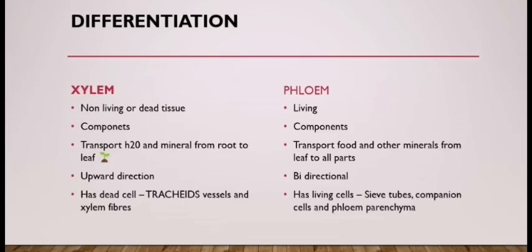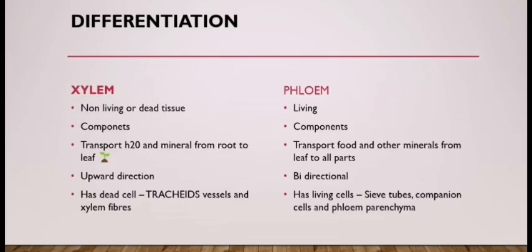Now, xylem transports water and minerals from root to leaf, only in an upward direction, and phloem transports food and other materials from leaf to all the other parts of the plant in a bidirectional way. Bidirectional means from up to down and from down to up. Xylem has dead cells, which are tracheids, vessels and xylem fibers, whereas phloem has a greater number of living cells: sieve tubes, companion cells and phloem parenchyma.